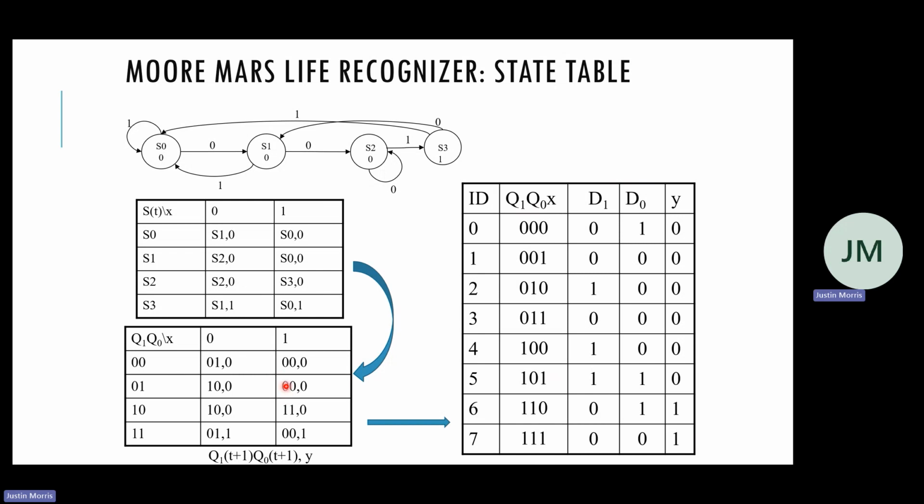But to go from the state table to the K-map, you basically should draw this first. So the excitation table is just made to make going to the K-map easier, but all three of these things hold the same information.